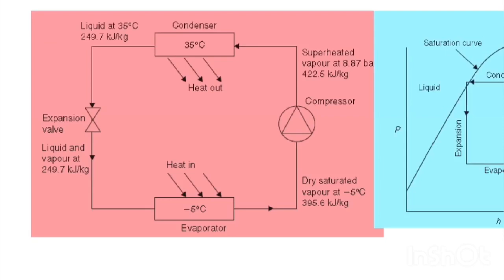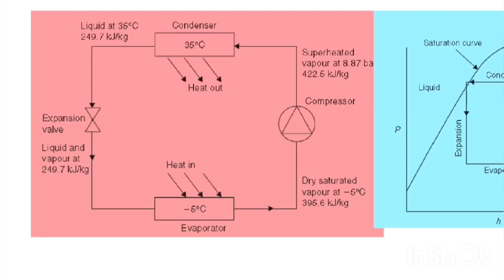It goes to the condenser where the compressed refrigerant changes phase from vapor to liquid, so it extracts the latent heat of vaporization from the refrigerant. Then it goes to the expansion valve where it expands, and temperature and pressure decrease, and then we supply this cooled refrigerant to the evaporator.